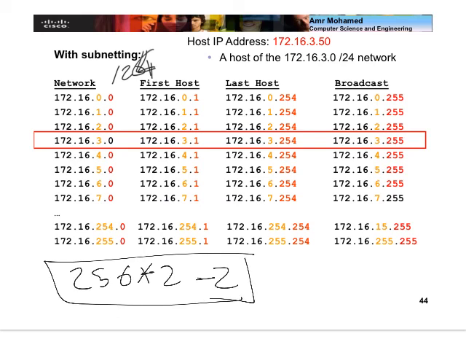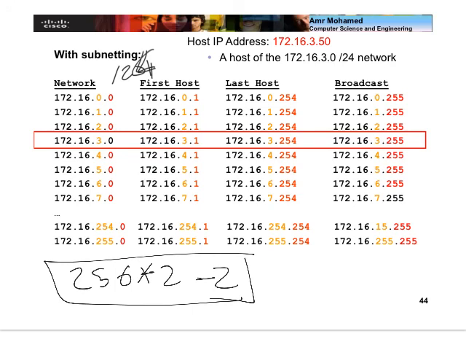This is the amount of host addresses that you will lose if you break down the /16 network into /24 networks like this. It's a significant number. It's minus 2 because even without subnetting you lose 2 addresses.